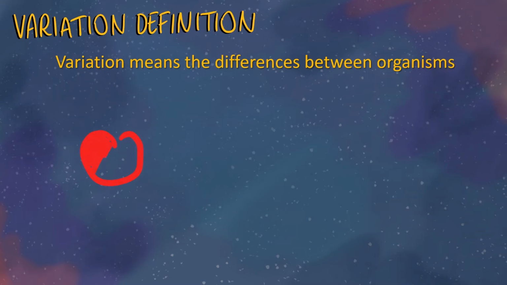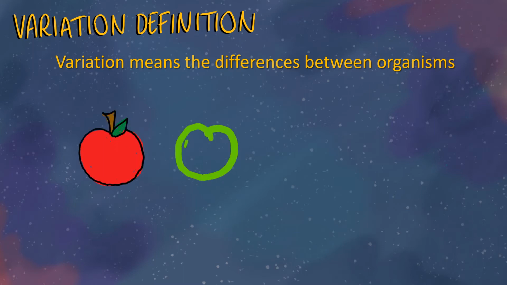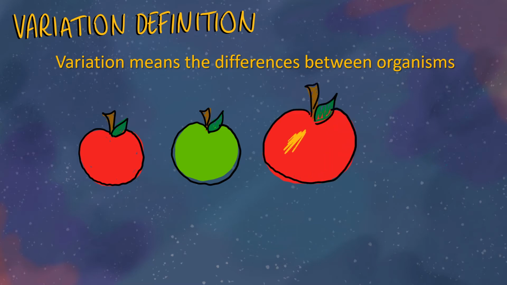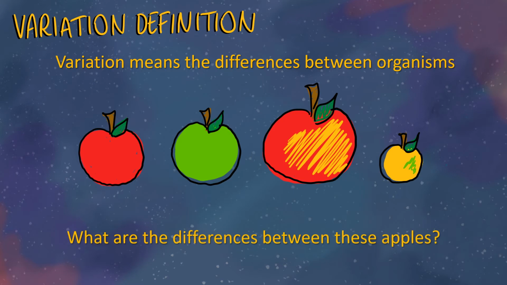Okay, moving on with today's lesson, we are talking about variation. The definition of variation is that there are differences between organisms. If you look at the pictures below, these are all apples, but they all have variation between them. If you talk about the differences between them, then that is talking about the variation.